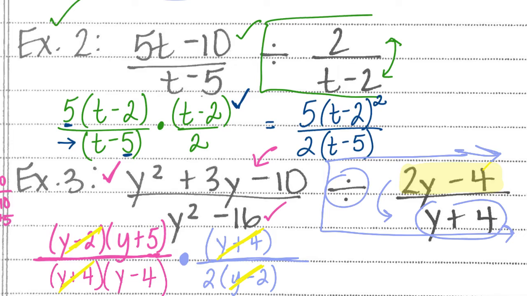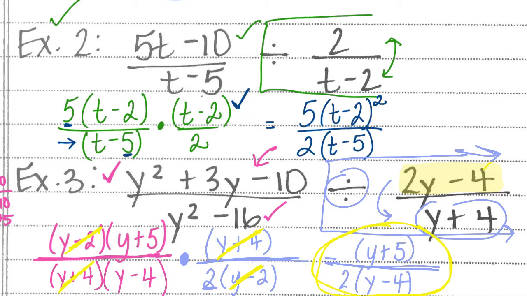And it looks like my final answer, sorry, I meant to have a pen. On the top, I just have y plus 5. And on the bottom, oh, I have a 2. Don't forget that 2, lonely 2 on the outside there, and y minus 4. So this is my whole answer for example 3. How are y'all doing? Do you see why we have to factor first? Good.